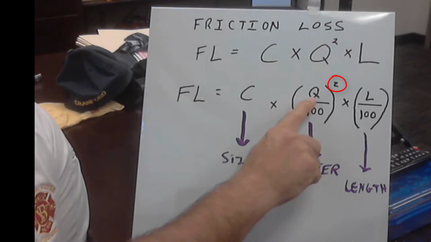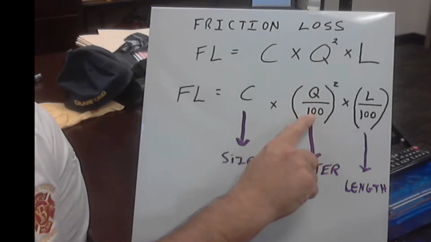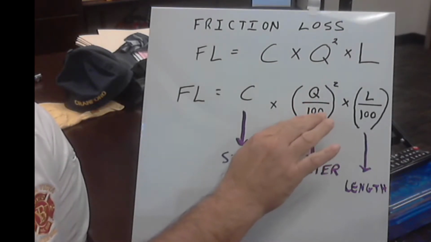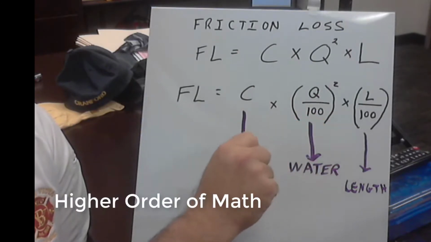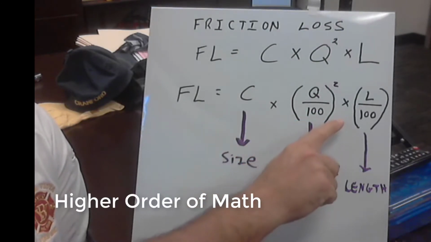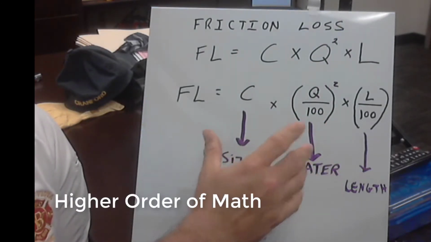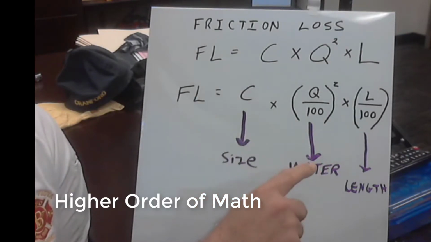It's important that we take the quantity and divide that by 100 first before we square that entire equation, and that is for the purposes of the higher order of math.